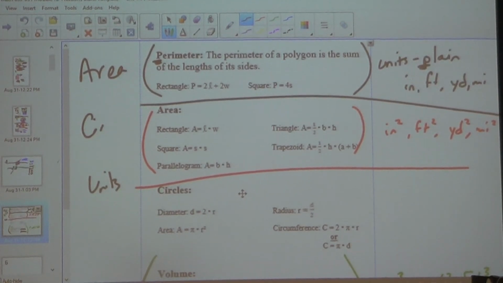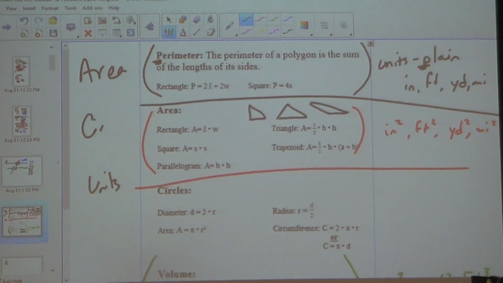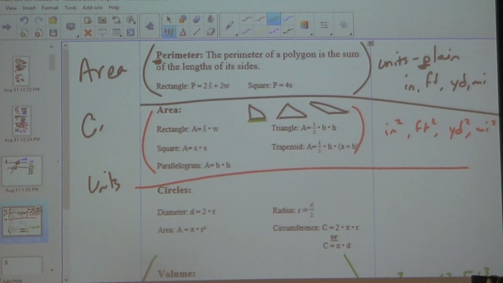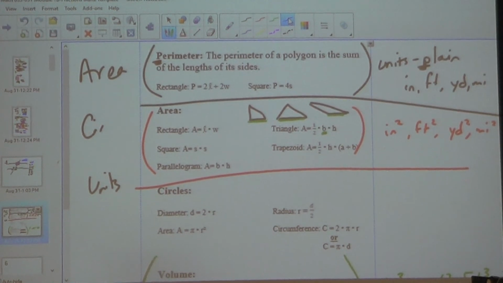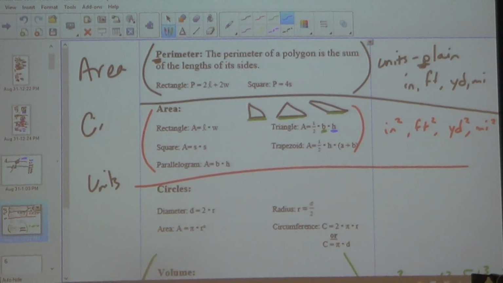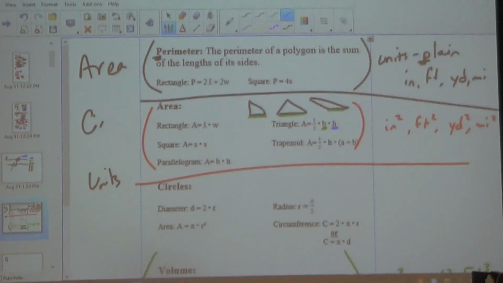The base is what it sits on. So if I give you a triangle, your triangle may look like that, it may look like that, or it may look like that. Your base is the bottom. It's what it sits on. The butt. Your H is the height. And remember I told you, do not measure your height like this. You'll be 7 feet tall.